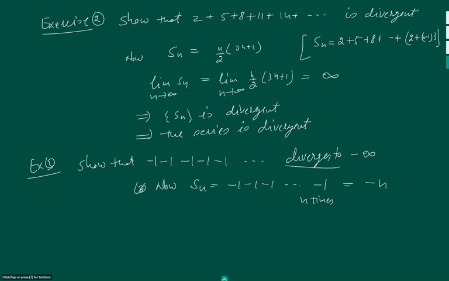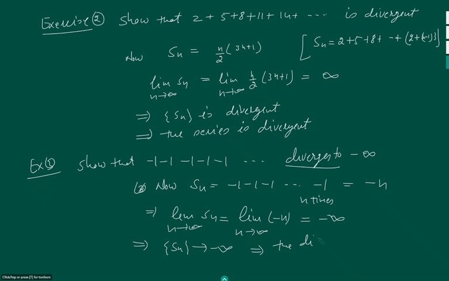So this is equal to minus n, and this implies the limit of Sn as n tends to infinity is the limit of minus n as n tends to infinity, and that is minus infinity. This implies the sequence of partial sums diverges to minus infinity, and that means the series diverges to minus infinity. All right, so these were some examples where we were discussing the convergence of a series.